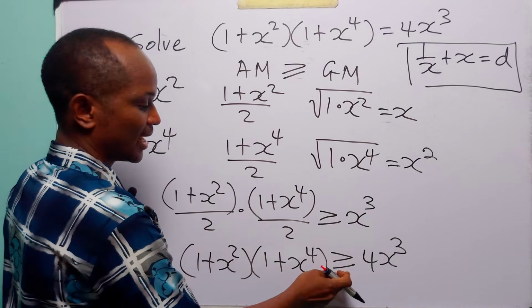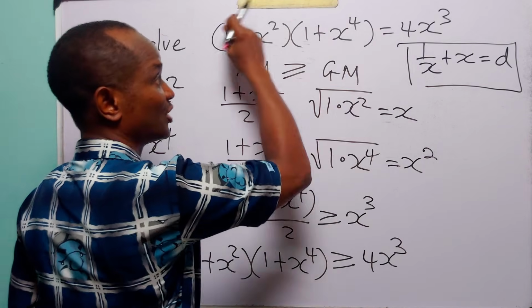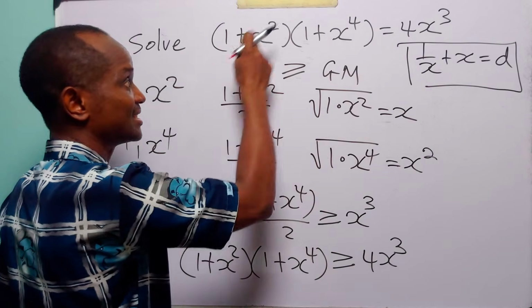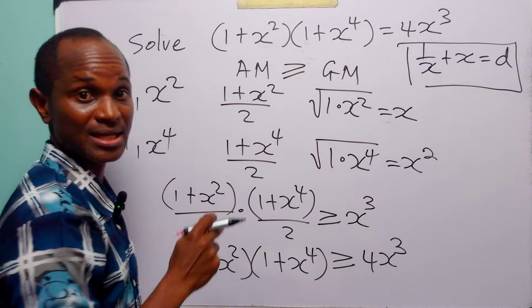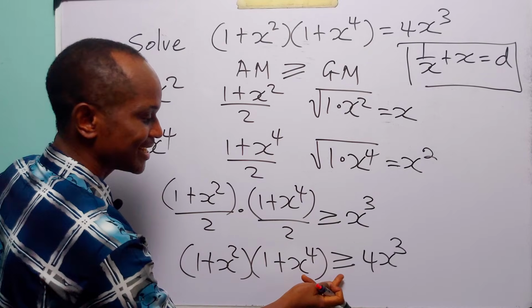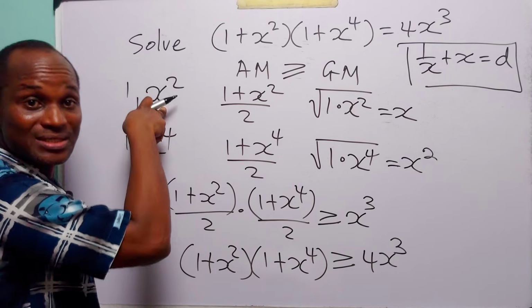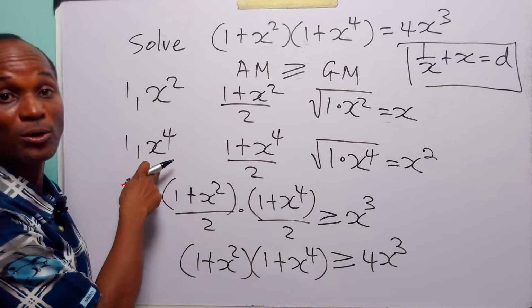Now, the equality will only happen because remember, the original equation tells us that this times this is equal to this. But you know that from the AMGM inequality, this equality will only happen when this is equal to this and this is equal to this.